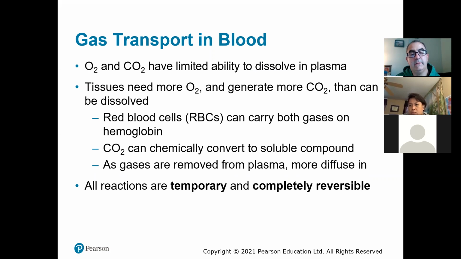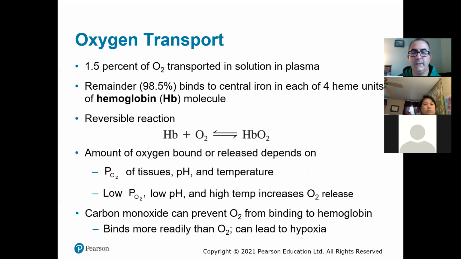CO2, however, can chemically convert to a soluble compound. As the gases are removed from the plasma, more diffuse in. All these reactions are temporary and completely reversible, and they're changing all the time based on your body conditions.